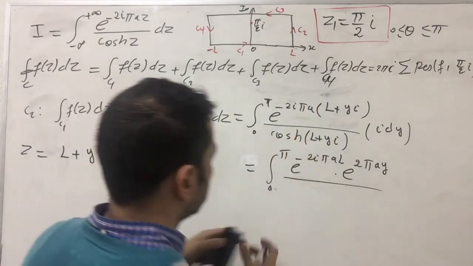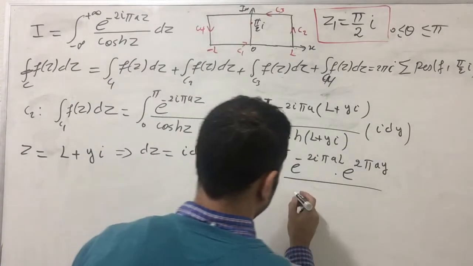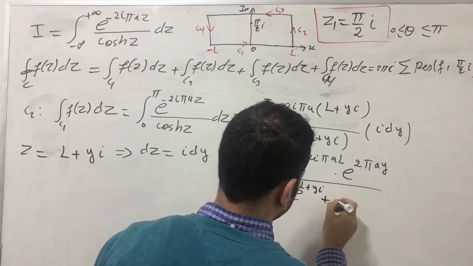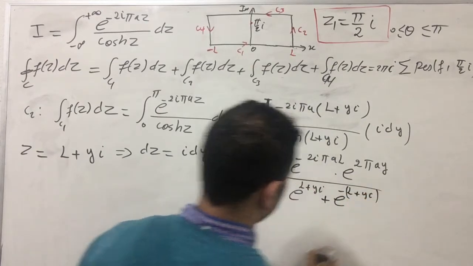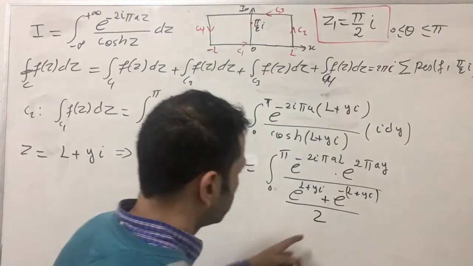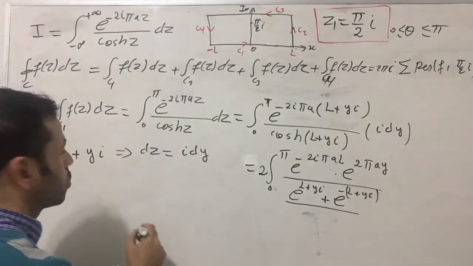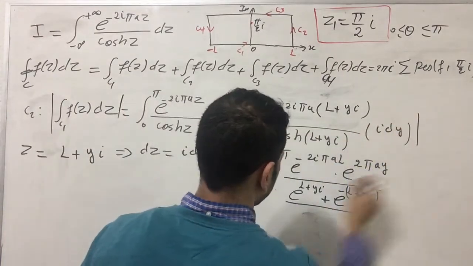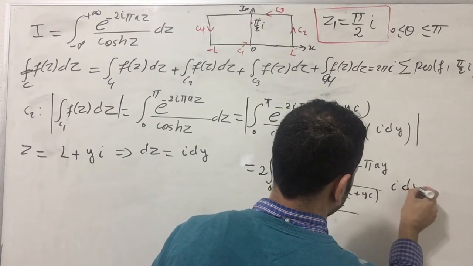I'm going to replace this cosine hyperbolic function with e to the L plus yi plus e to the minus L plus yi, over 2. So I'm going to bring this up, put this outside. So I'm going to apply the absolute value here, multiplied by i dy.